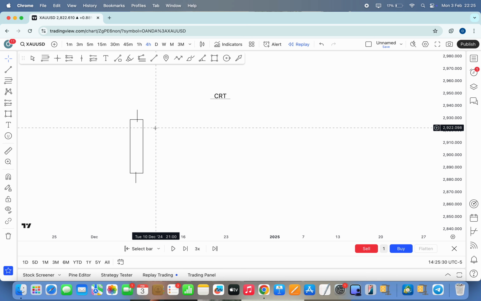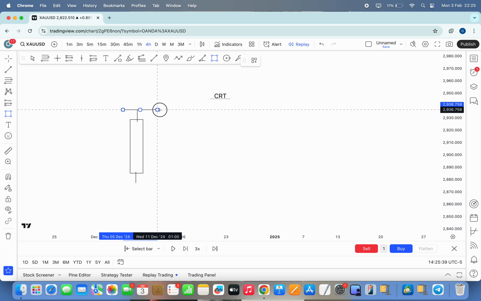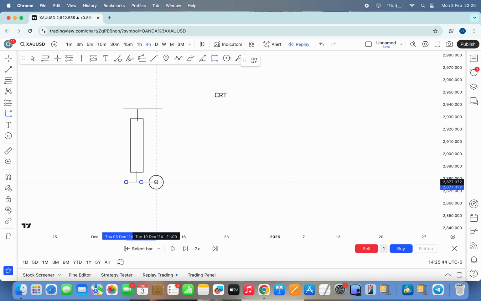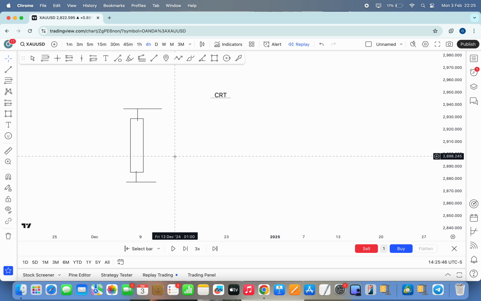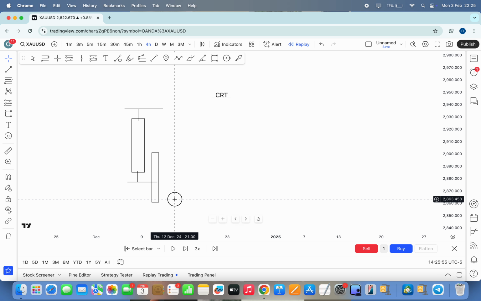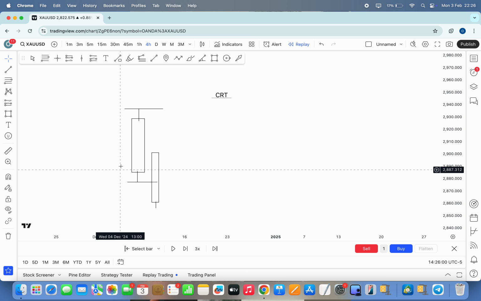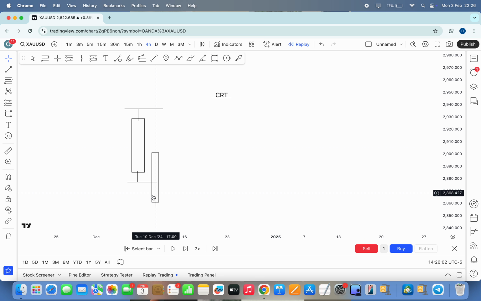CRT is basically how we read the candlestick price and the candlestick closes. In this candlestick we have a high and a low over here. This high and low give a basic understanding of how price moves. If the candlestick body closes below, it shows continuation of the market.